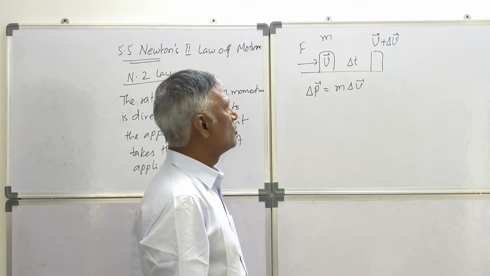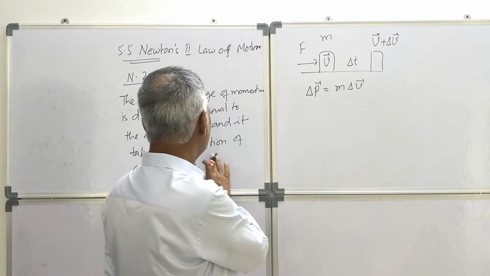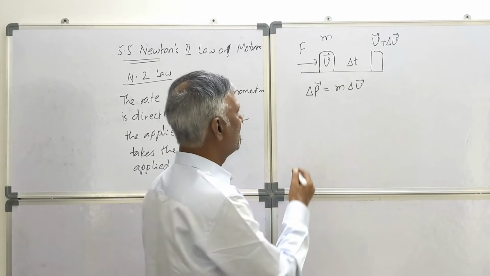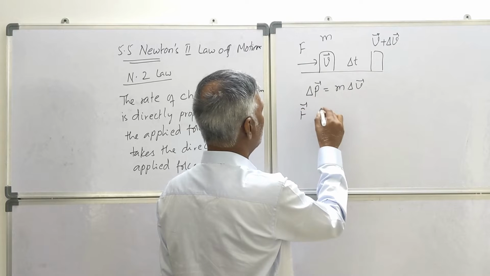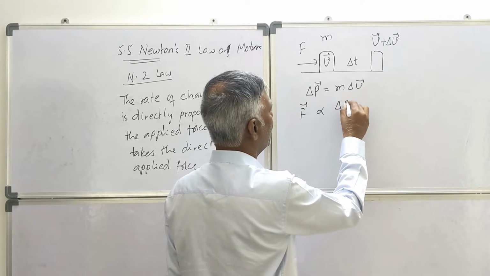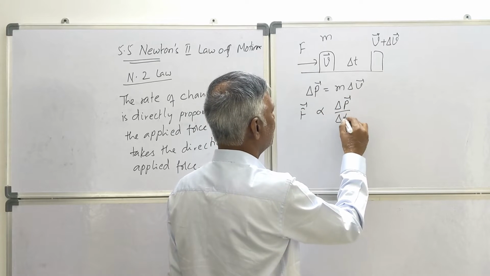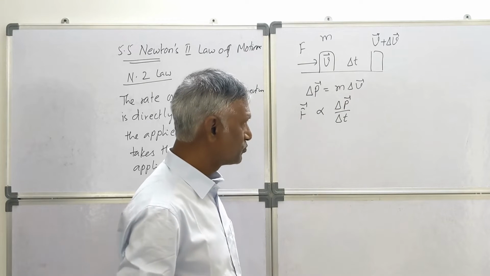So what is the statement of second law? F is proportional to delta p by delta t. Okay, this is the statement.